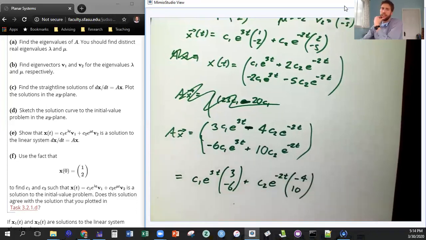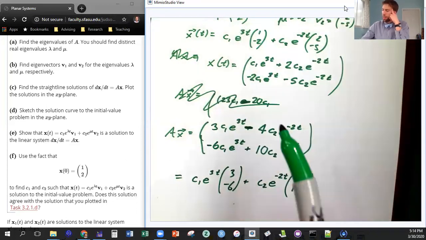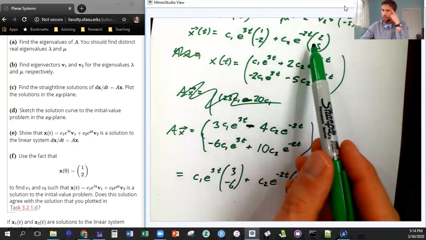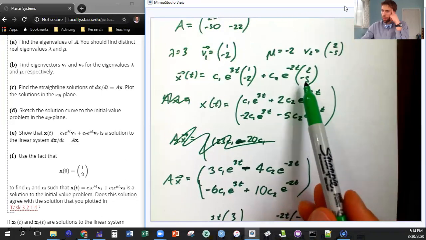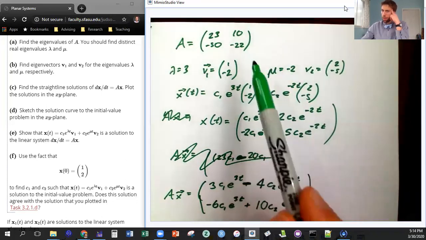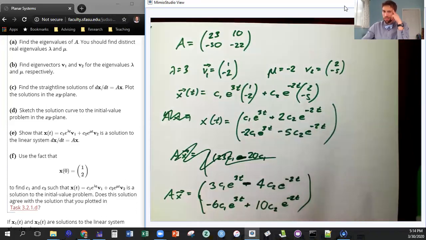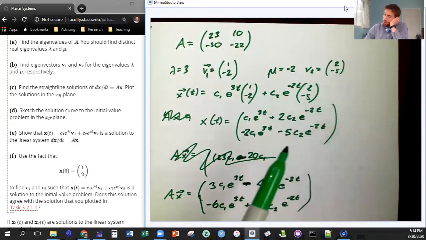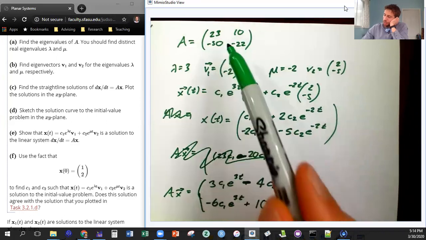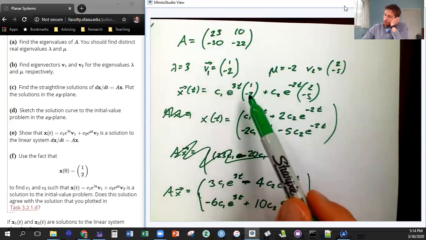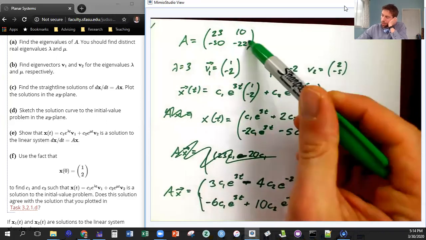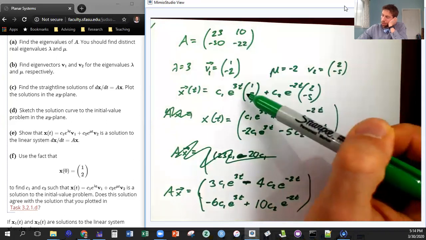And really, I could have just had the matrix multiply times that vector and that vector. Sorry, you can't see the matrix. I should have had the matrix just multiply times that vector and times that vector. And that would be simpler. That's kind of what I was doing already, simplifying. So the way I should have done this would have been to just take the matrix times the vector 1, negative 2. 23 minus 20 is 3.